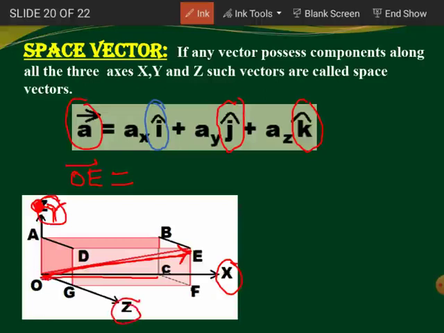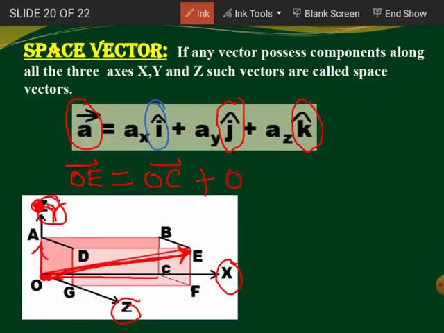So if you make the starting point of this vector OE the origin, and draw three mutually perpendicular axes, x-axis, y-axis, then OC will represent your x component, plus OA will represent your component of OE along the y-axis.